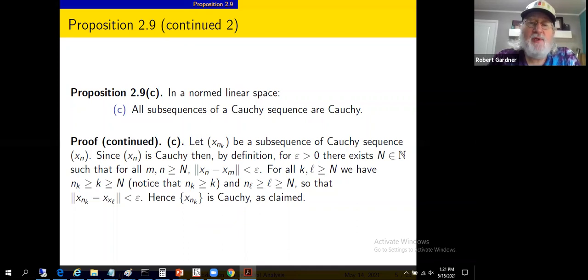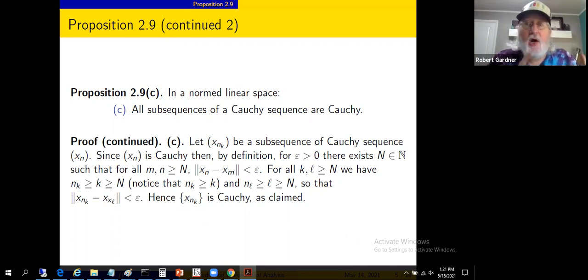Think of creating the subsequence by thumping out a bunch of terms in the sequence. Then when you create the subsequence, the first term in the subsequence will be at least the first term in the original sequence. You might have removed the first term from the original sequence.